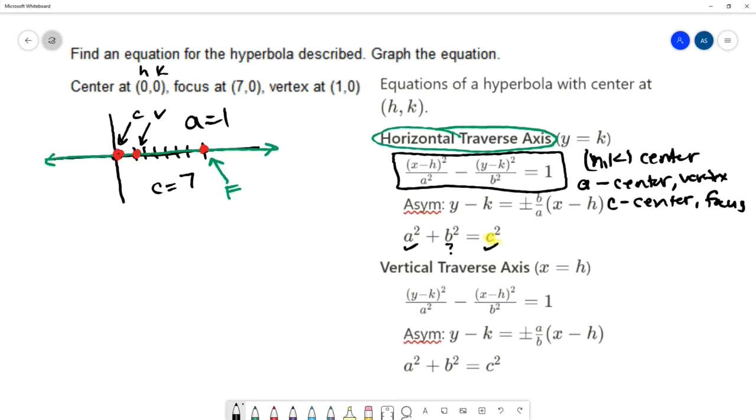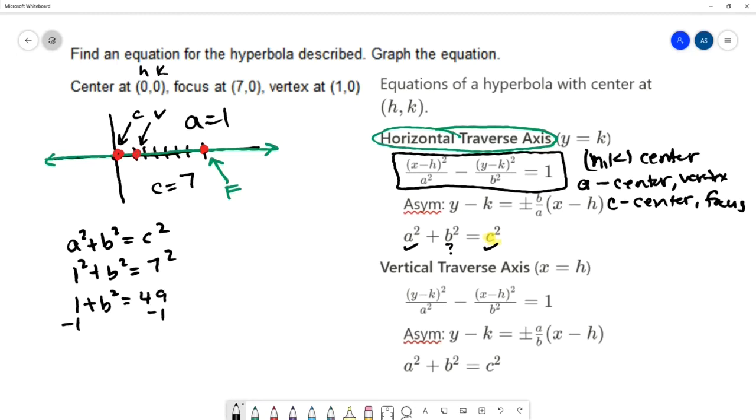So let's solve that equation. a squared plus b squared equals c squared. 1 squared plus b squared equals 7 squared. So I have 1 plus b squared equals 49.